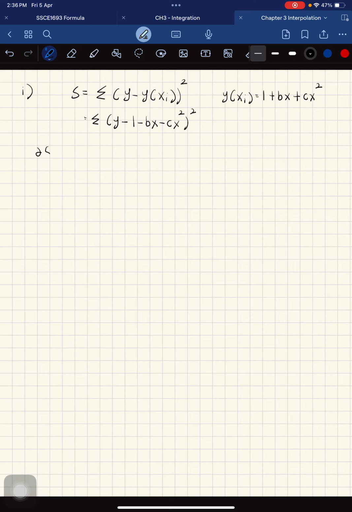And then we differentiate with respect to b, because we have constant b, so we get 2 summation (y minus 1 minus bx minus cx squared) times negative x equal to 0.